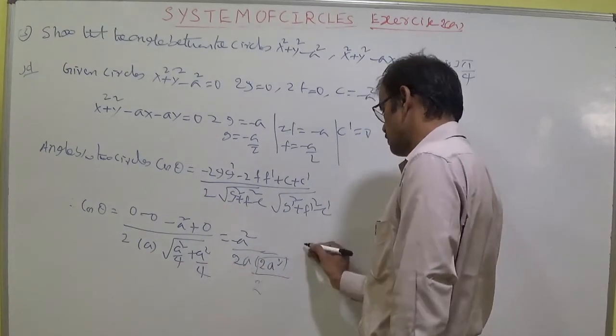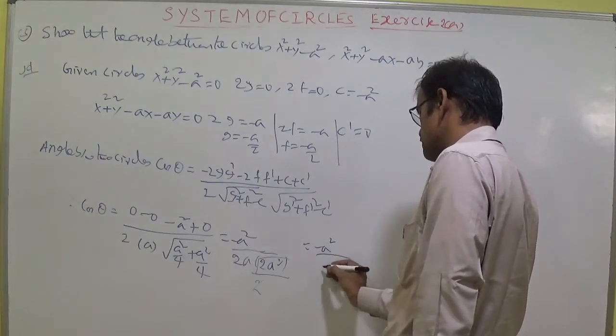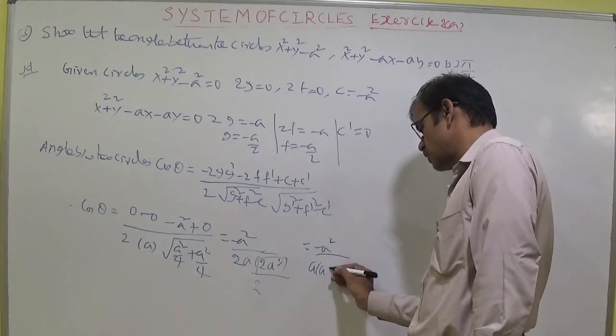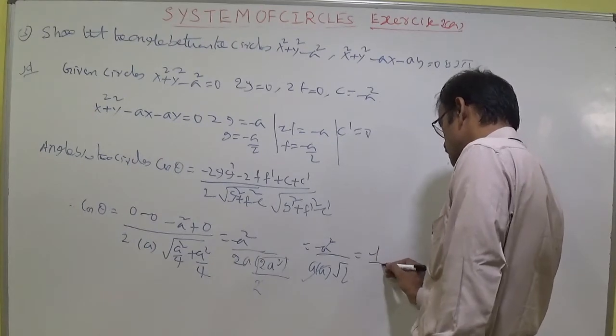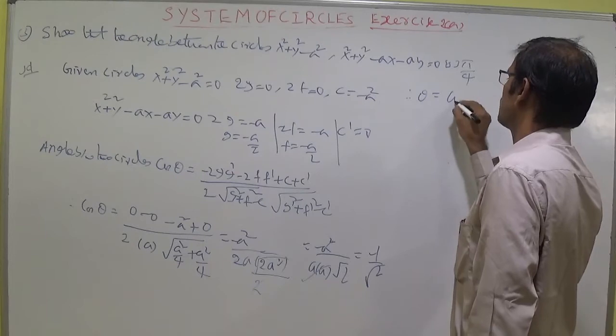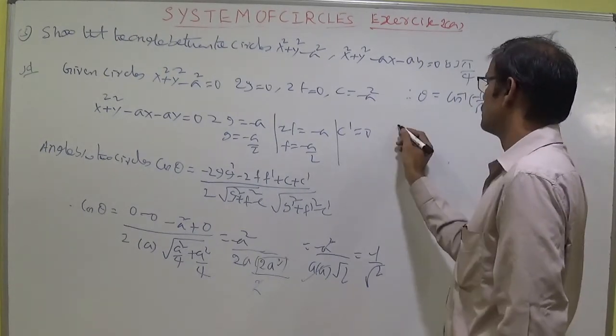This 2 and this 2 will get cancelled. You can write this as minus a square by a square root 2, so a into root 2. A square gets cancelled, minus 1 by root 2. Therefore, theta is equal to cos inverse of minus 1 by root 2.